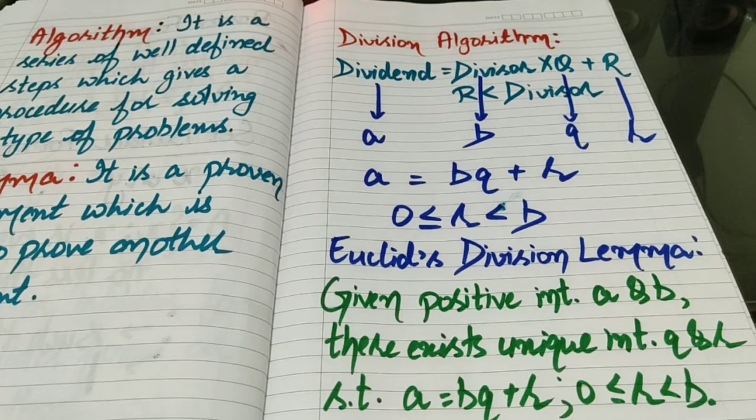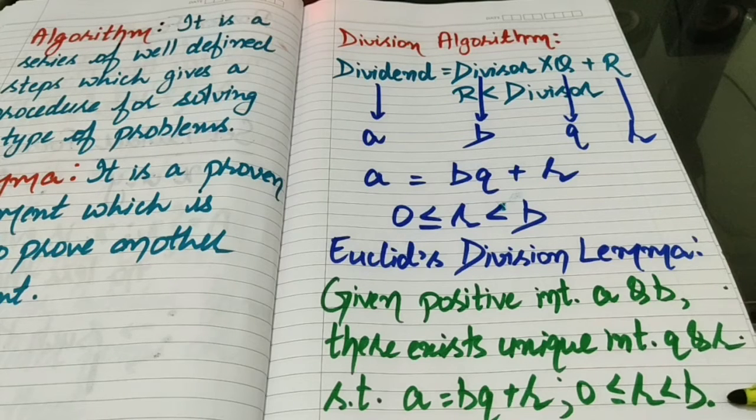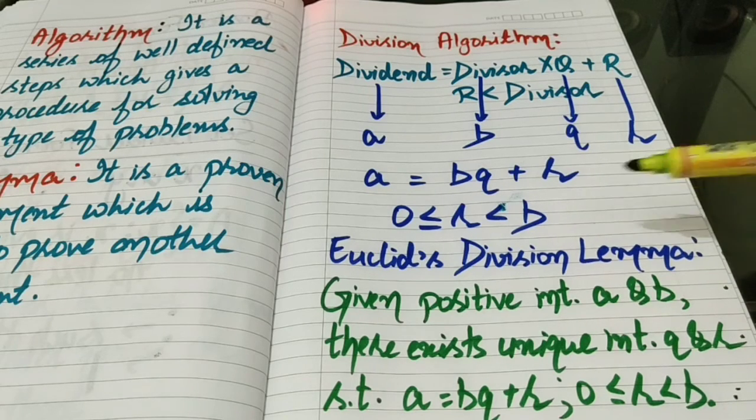So Euclid division lemma states that, given positive integers A and B, there exist unique integers Q and R satisfying the relation A equals to BQ plus R, where 0 is less than equals to R is less than B. And how we have reached to this result, I told you here only.